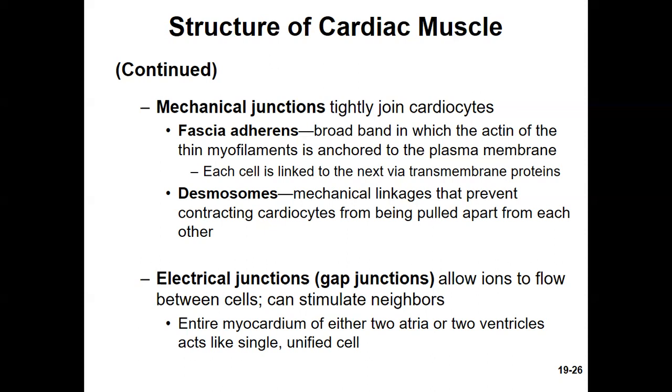So the entire myocardium of either the two atria or the two ventricles acts like a single unified cell. This is how your heart is actually able to pump as one unit, because you have these electrical junctions that keep the cells pumping all at the exact same time in a unified manner.